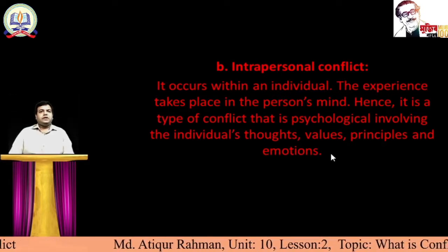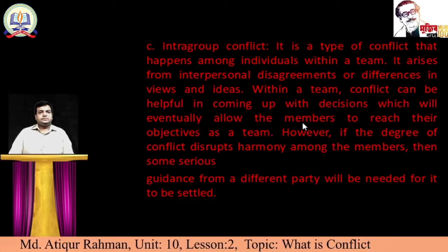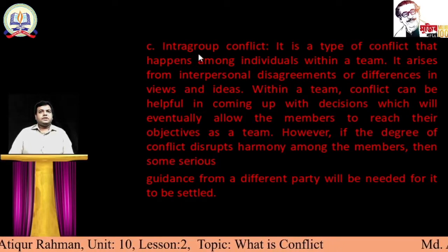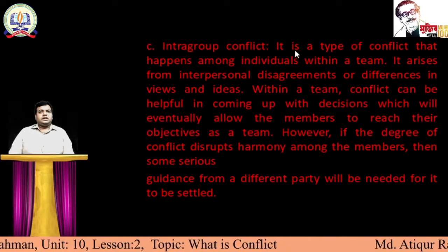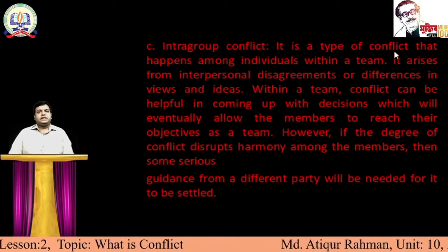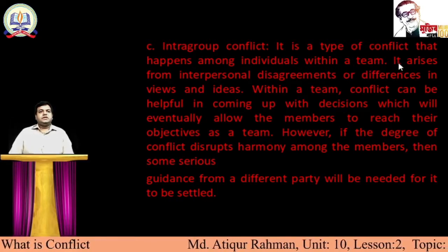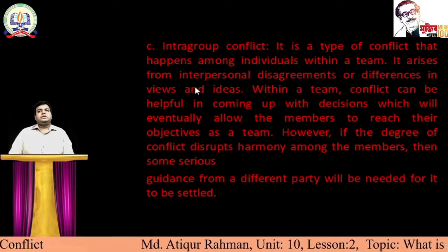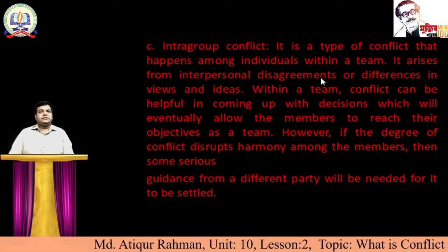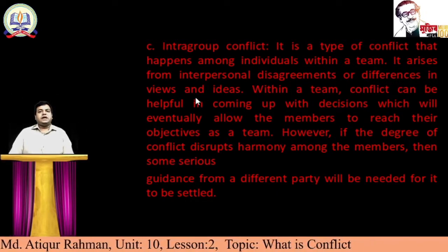Then comes the point of intra-group conflict. The text says that it is a type of conflict that happens among individuals within a team. It arises from interpersonal disagreements or differences in views and ideas.